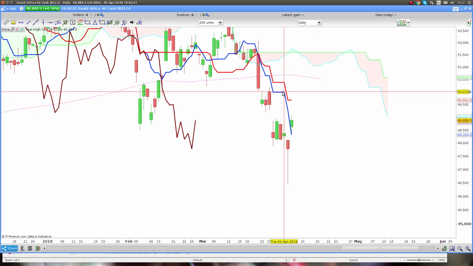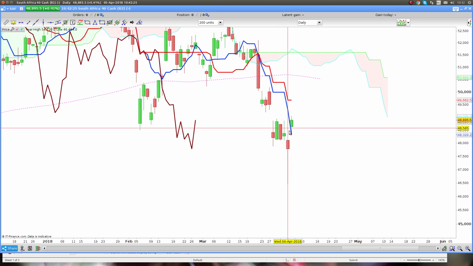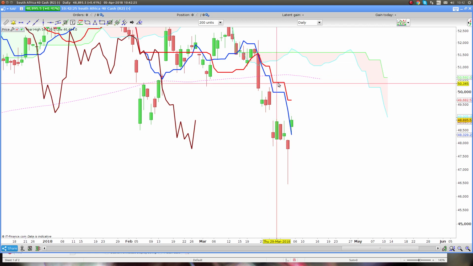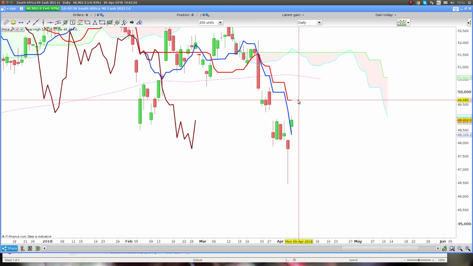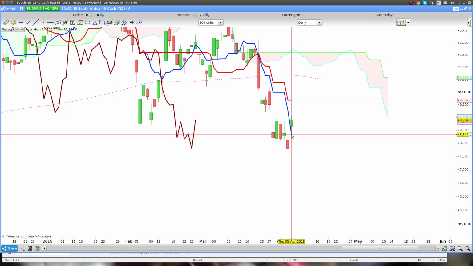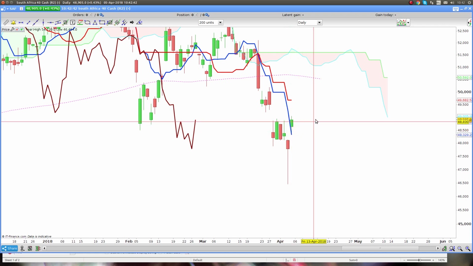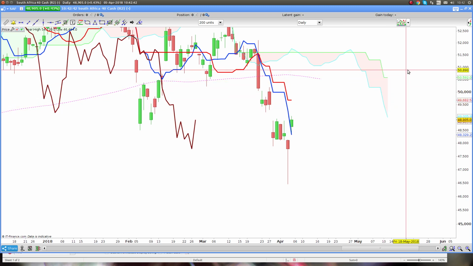So your short-term momentum or short-term moving average, which is Tenkan-sen, is pointing to the downside, indicating that momentum is down. But your medium term, which is Kijun-sen, is flattening out. So what's happening here is you're looking for these two, Kijun-sen and Tenkan-sen, to come back together, which basically means that it should start swinging around over the next couple of days and start pointing to the upside, which will then force the cloud to do the same.